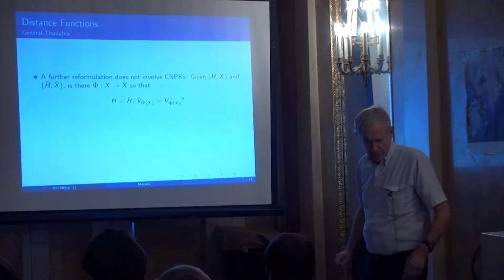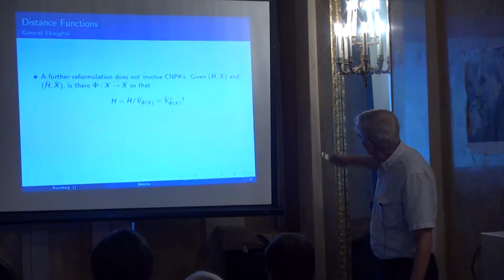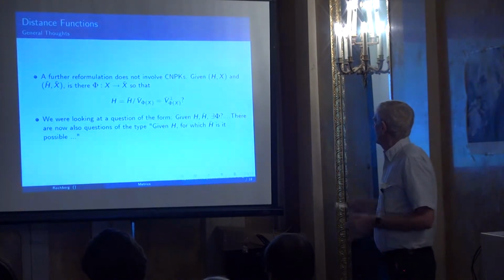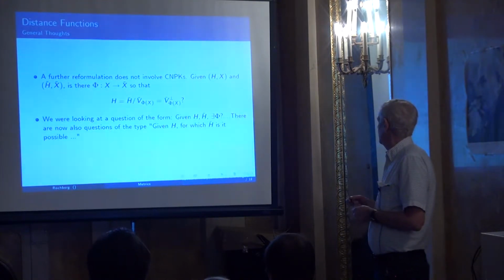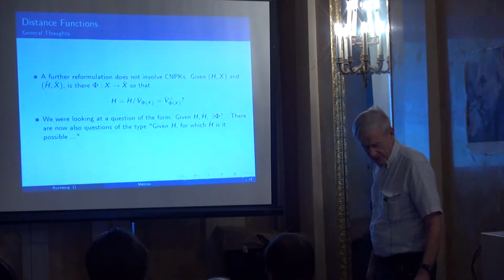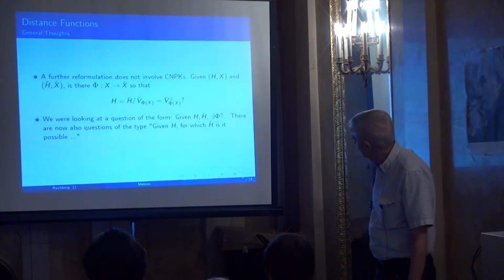That's just the comment that these constructions show up in other places. So there's this general question: given this kind of construction, what can you say about the relationship between the Hilbert spaces H and H tilde and the mapping properties of phi? And that's the general type of question we're talking about.